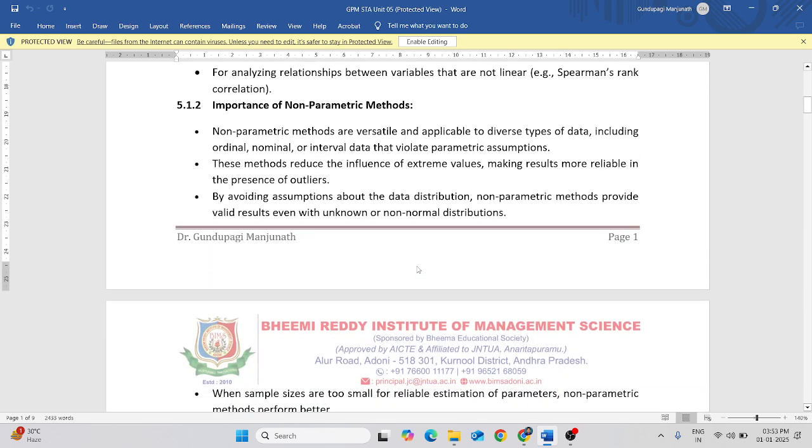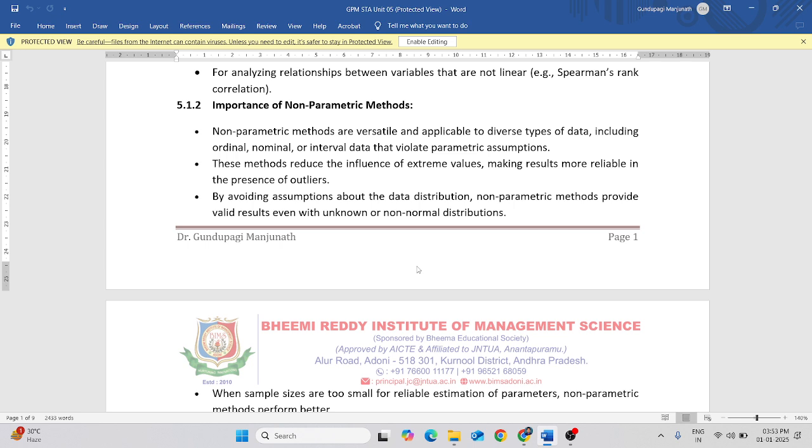Coming to the importance: as we have different types of data, for certain particular types of data this non-parametric test will be very useful.